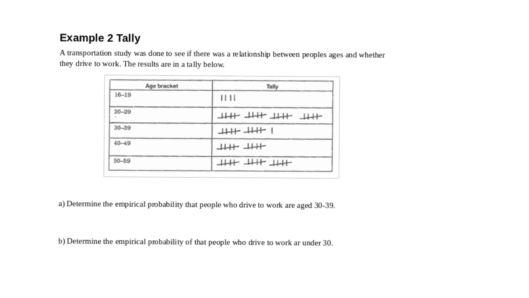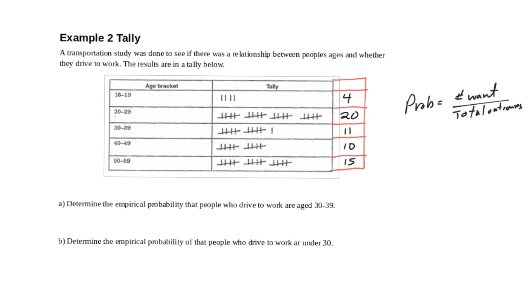In order to do that, we need to know how much each tally is. In this case, we have a total of 4 for the first range, 20 for the second range, 11 for the third range, 10, and then 15 accordingly. Remember that our probability is the number of the stuff that we want divided by the total of outcomes.